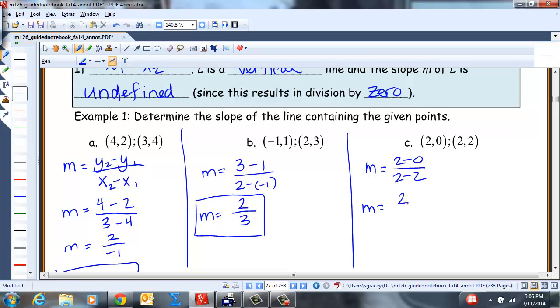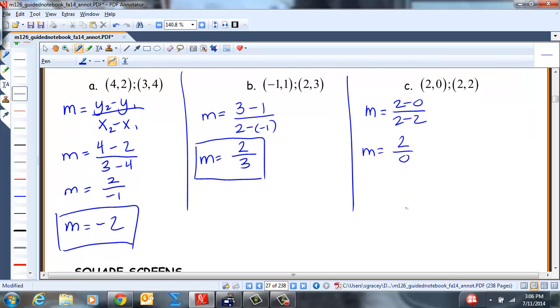So we would get 2 over 0, which is division by 0, which is undefined. So in this case, we have an undefined slope, which means we have what kind of line? Good, a vertical line.